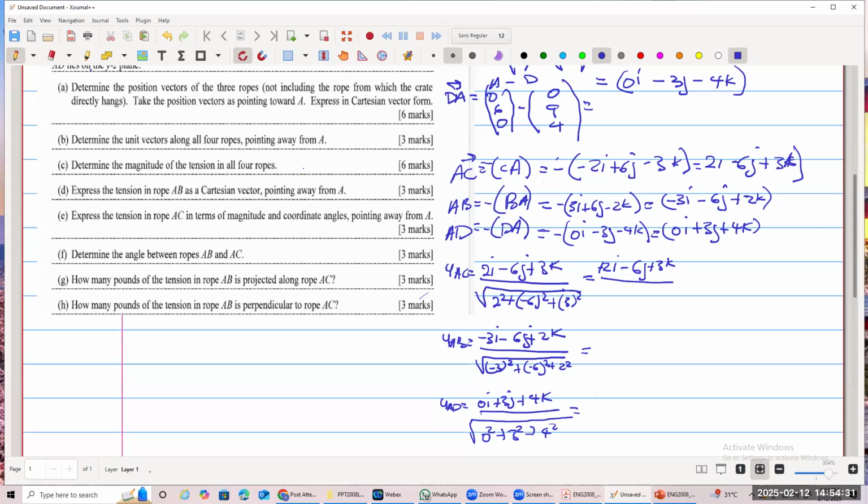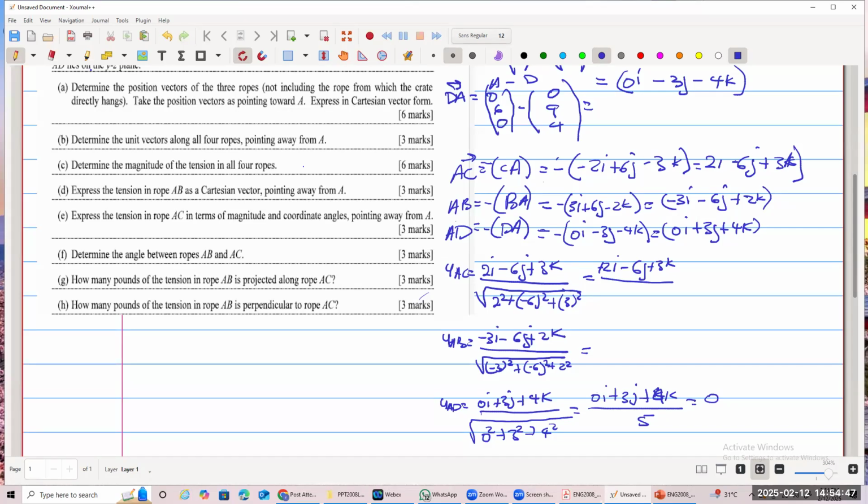That one looks like 5. So it's 0I plus 3J plus 4K upon 5.